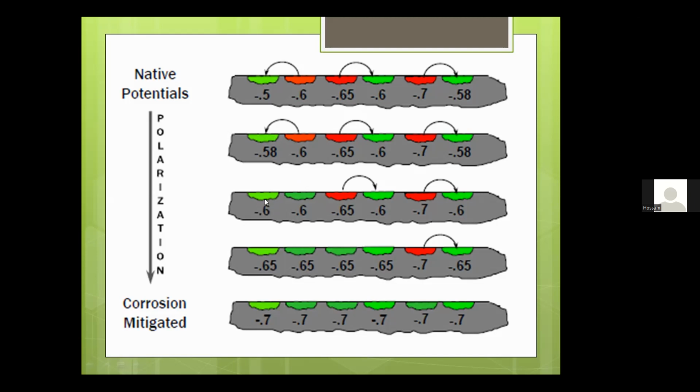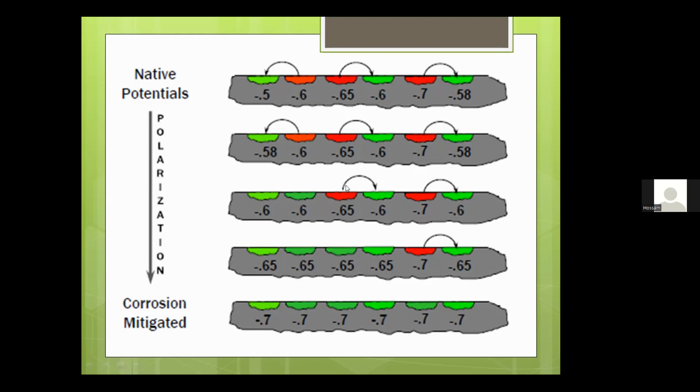So it reaches the same potential of the adjacent side. As they have the same potential, there is no need for corrosion to happen, and the potential difference becomes 0, so no corrosion will happen here.